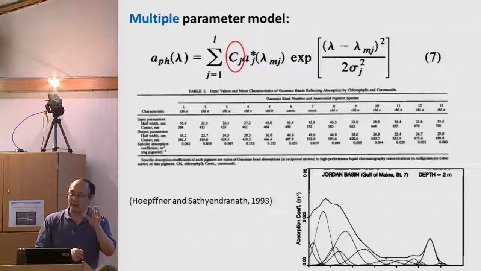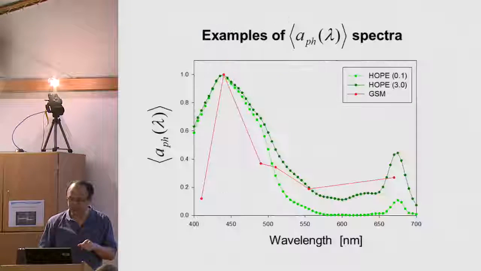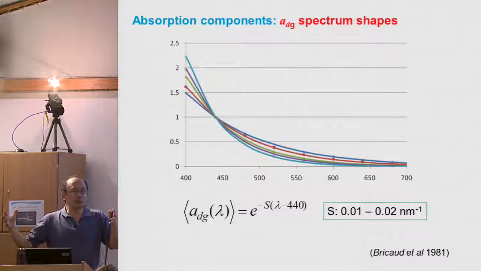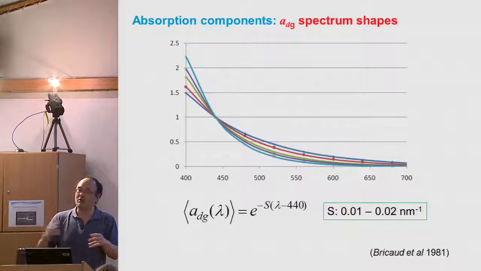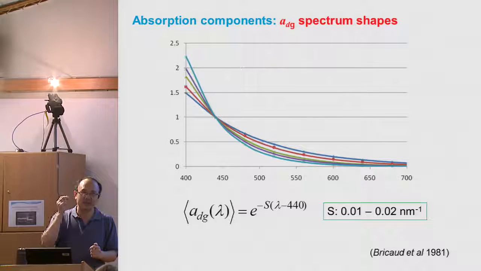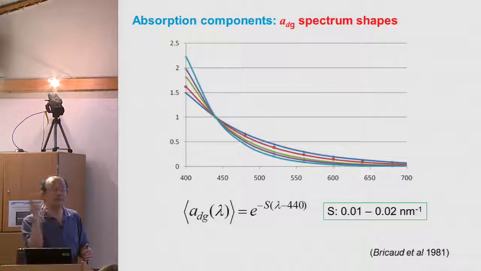The size also can impact those things, right? So basically this shows we can use either one variable or many variables to describe the spectral variation of the phytoplankton absorption coefficient. Okay, that's for that one term, the APH term.